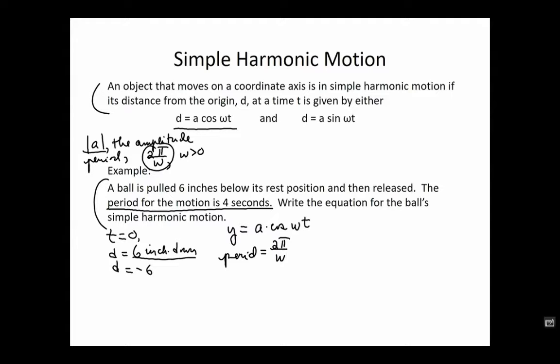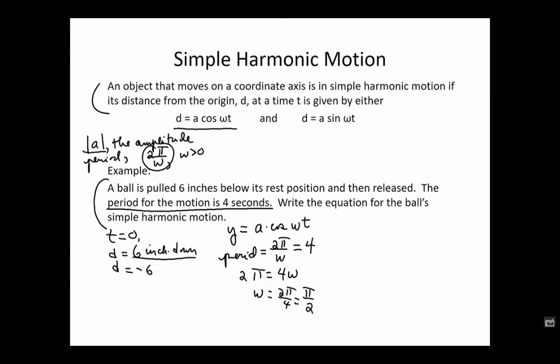So 2 pi over omega is equal to 4. In other words, 2 pi is equal to 4 times omega. Solving for omega, we get 2 pi over 4, which is pi divided by 2.